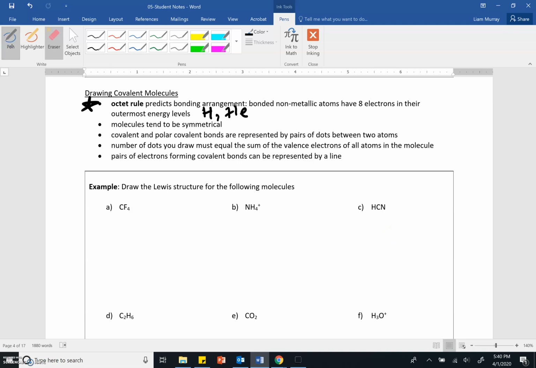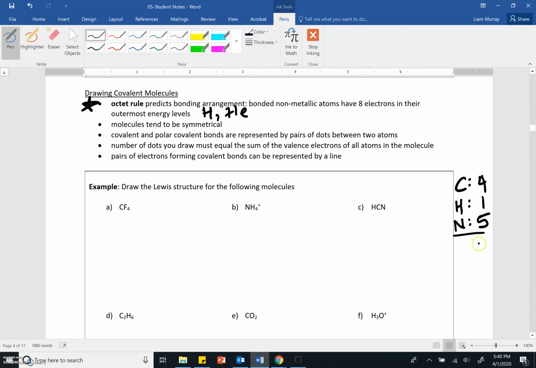So we're going to finish off with our last example together, and then I'm going to leave everything else up to you to complete. But we've got our molecule containing H, C, and N. We know that our central atom, carbon, has 4 valence electrons, hydrogen has 1 to offer, and nitrogen has 5.